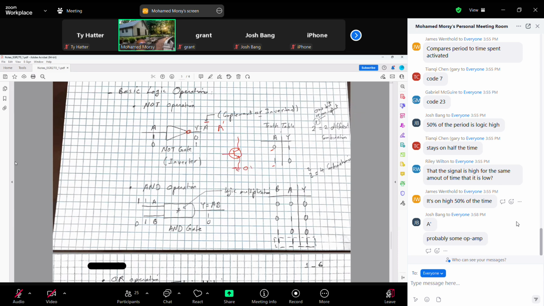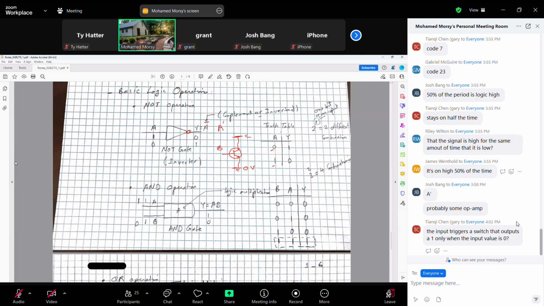The ground means 0 volt. This is the base, and this is the collector. At the collector we have 5 volts, or up to 15 or 18 sometimes, based on the IC. 5 represents logic high, and 0 represents logic low.